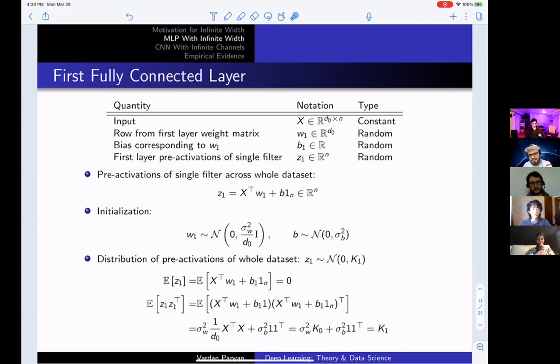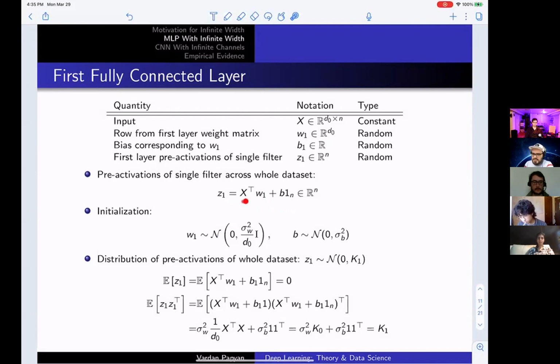Hint, it is something that was mentioned in the course at some point. It's just an affine map applied to a Gaussian random variable. Exactly, thank you, Tristan. So if W1 is Gaussian and B is Gaussian, if you apply an affine map to them, it just stays Gaussian.